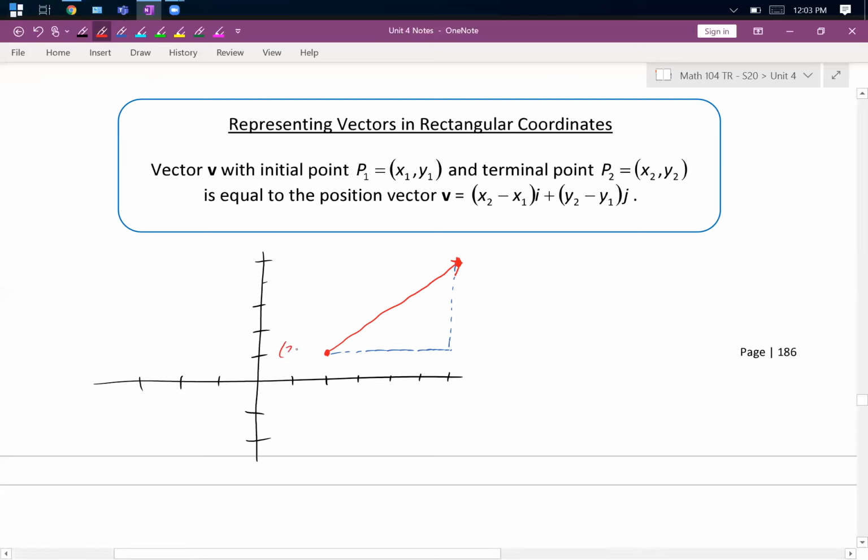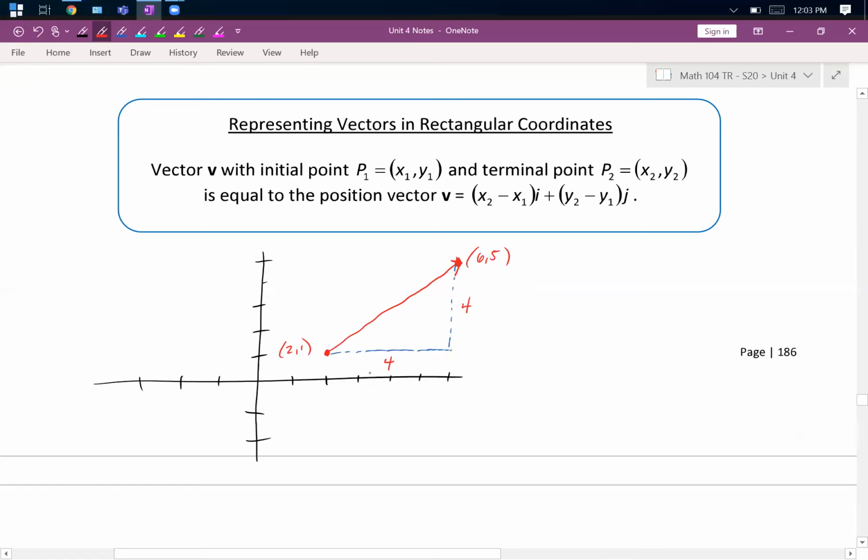So this is the point (2, 1). This is (6, 5). So it's kind of like how we find slope, right? Rise over run. So my run, I'm going from 2 to 6. So this is 4. And then I'm going from 1 to 5. Oh, that's also 4.